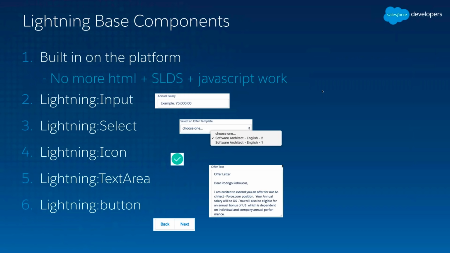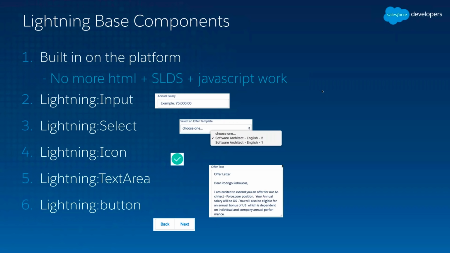Now we'll switch gears a little bit to the different building blocks we use. So Lightning-based components. This is an awesome new addition to the platform. Traditionally, when you create a new button in the UI for Lightning Experience, you first set up the HTML markup, apply the Salesforce Lightning design system, and wire them up using JavaScript.